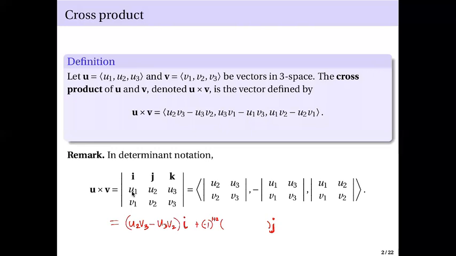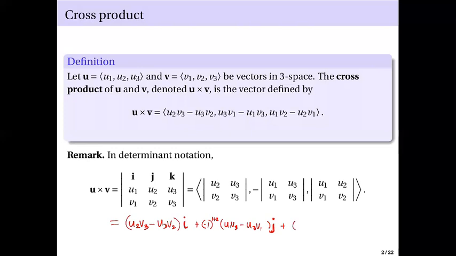So you now have the determinant u1 v3 minus u3 v1. And then plus the other guy here, you have negative 1 raised to 1 plus 3, which is positive 1, so I'm not going to write that there.